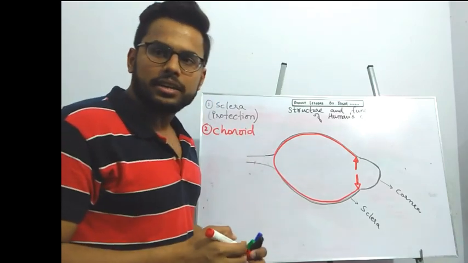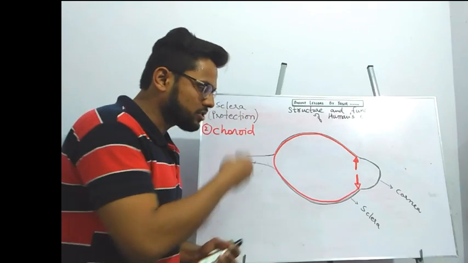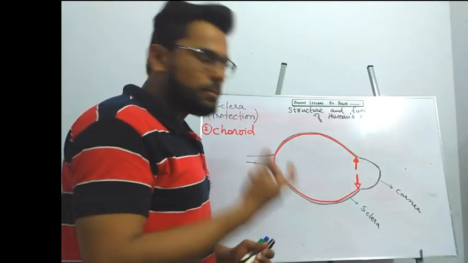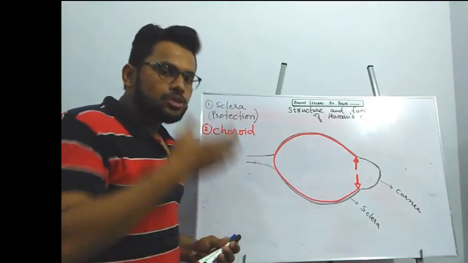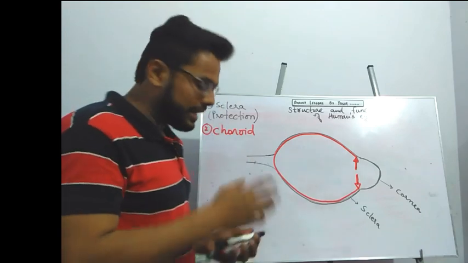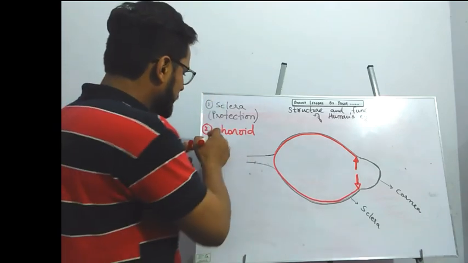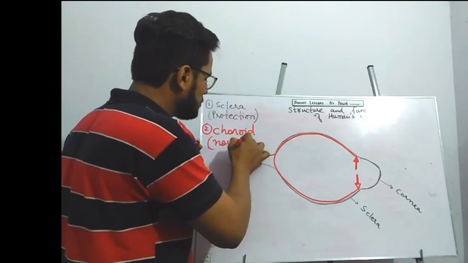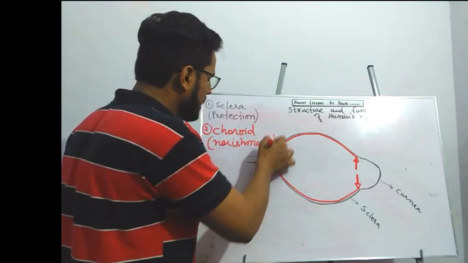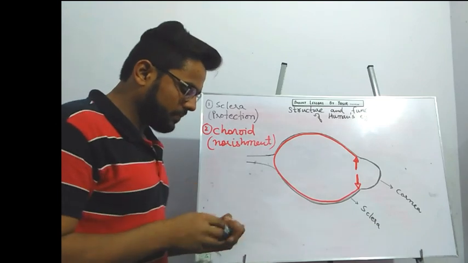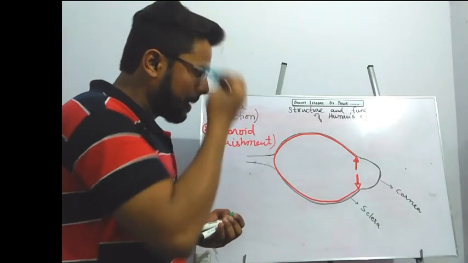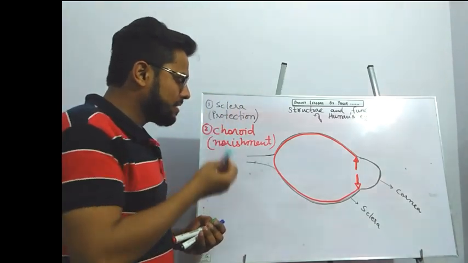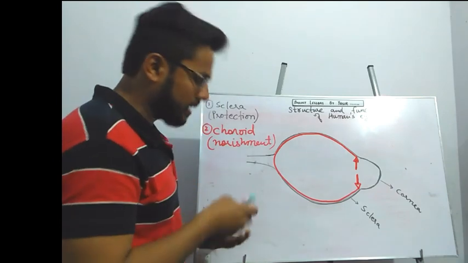So many arteries, capillaries and blood vessels are present in the choroid. It has the function of nourishment. It will bring the oxygenated blood to the eye, and it provides nourishment to all the contents of the eye.